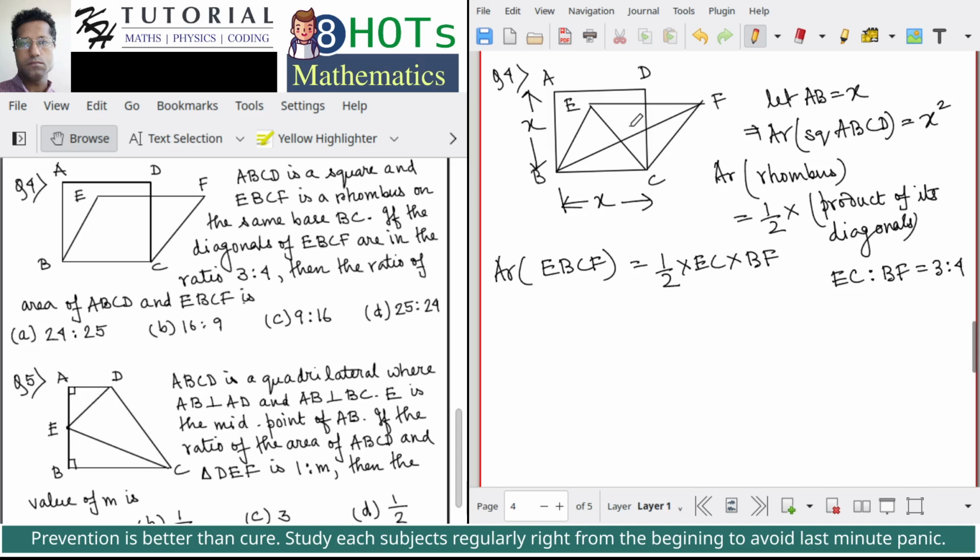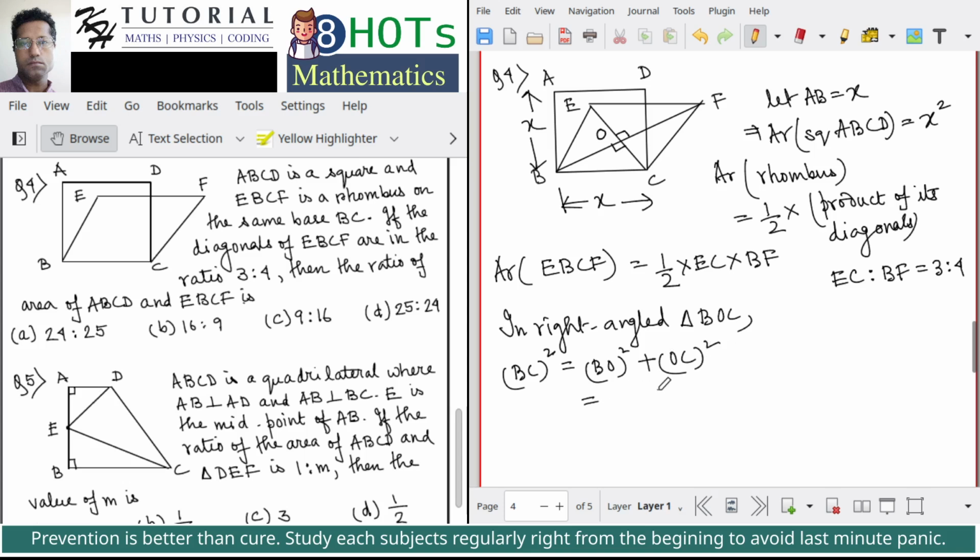Let me see. Okay. So we know that the diagonals of a rhombus bisect each other at right angles. Let's say EC and BF intersect, bisecting each other at the point O. Now, in right angled triangle BOC, applying Pythagoras theorem, we get BC square is equal to BO square plus OC square.